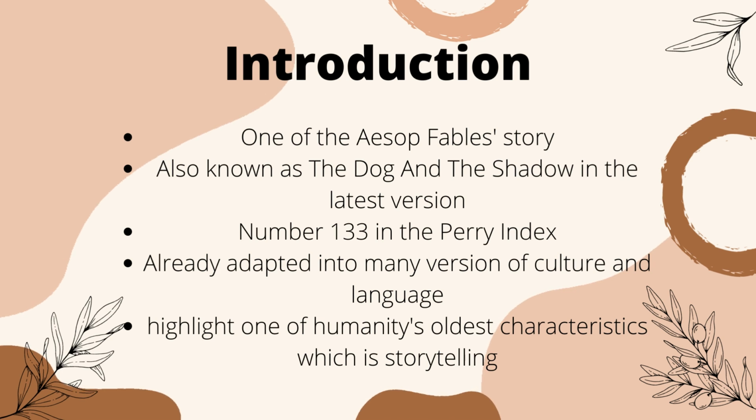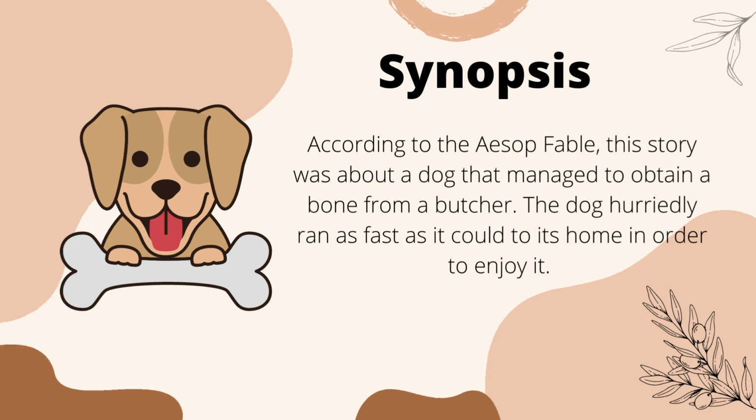This story came with a lesson of being satisfied with what one had and not to sacrifice it for another thing, for example, in the story, the shadow. Finally, the fables highlight one of humanity's oldest characteristics, which is storytelling.